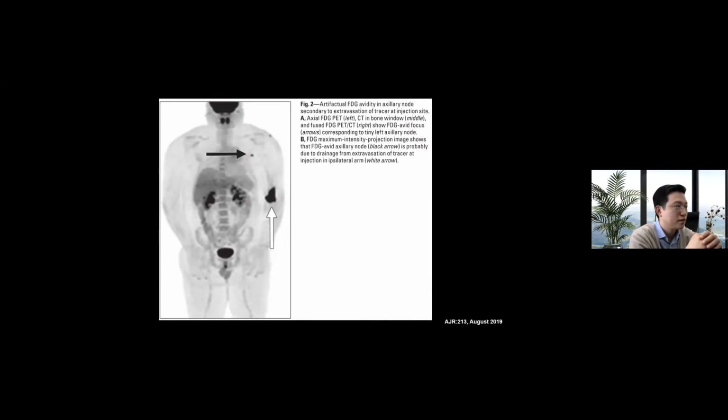So I think there's a good chance for FDG PET scan to be included in the system as well. And also I explained some other cases from our hospital.